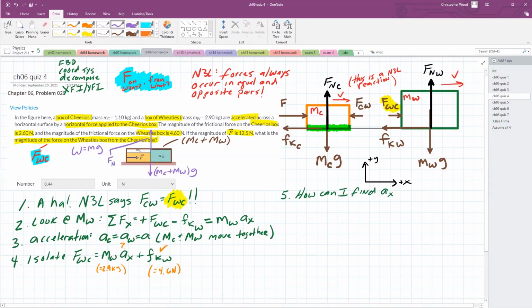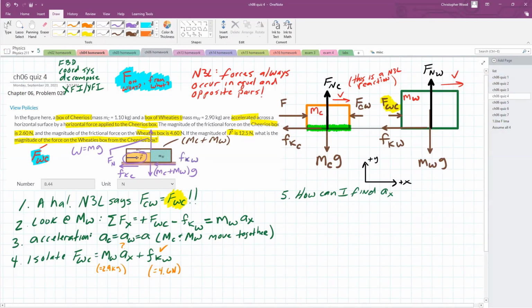I have this externally applied force on the Cheerios, and then I have my two friction forces. I have the friction force acting on the Cheerios, FKC, and then I also have the friction force acting on the Wheaties, FK Wheaties. So those two friction forces are still there.